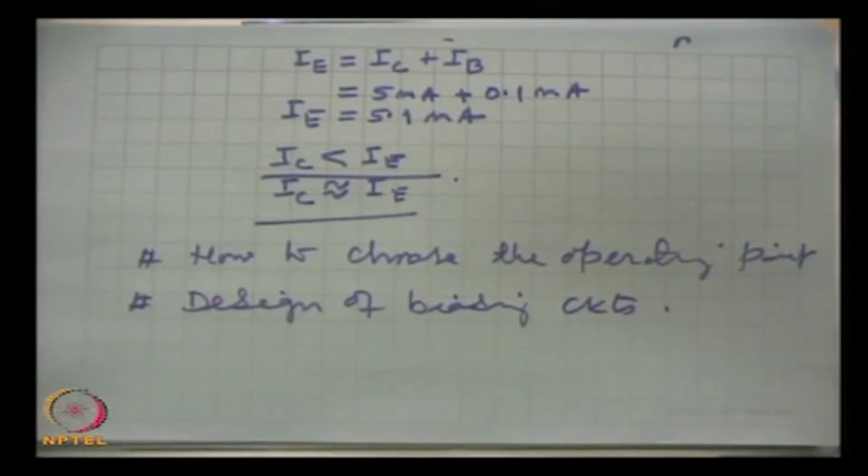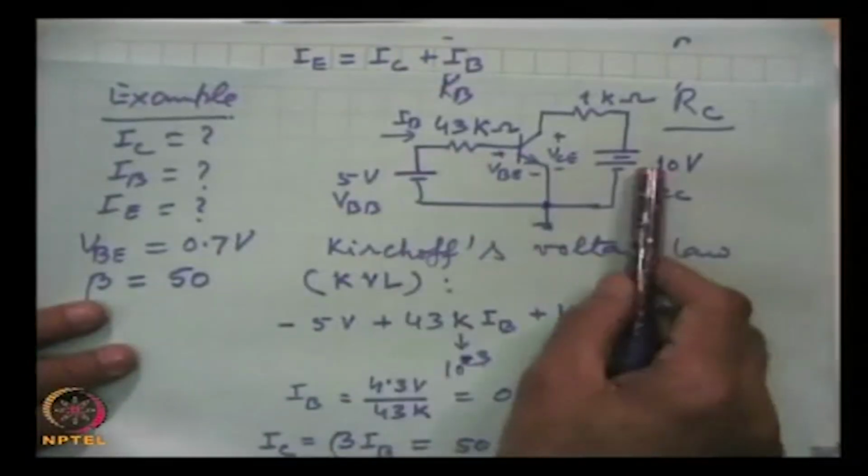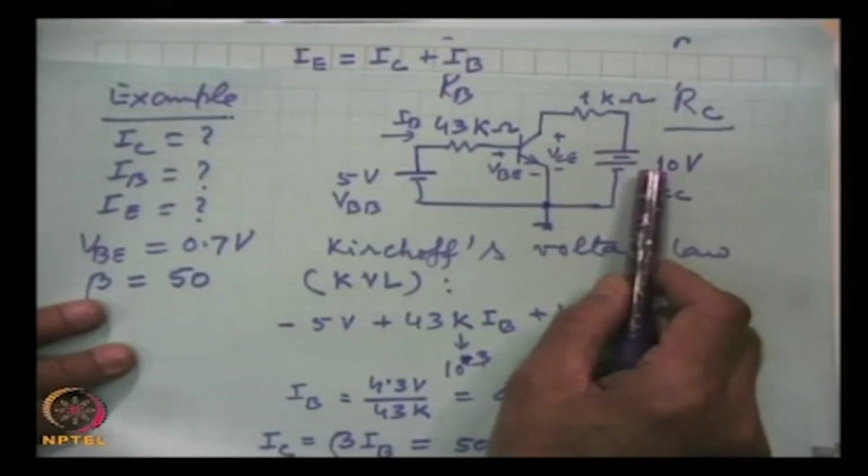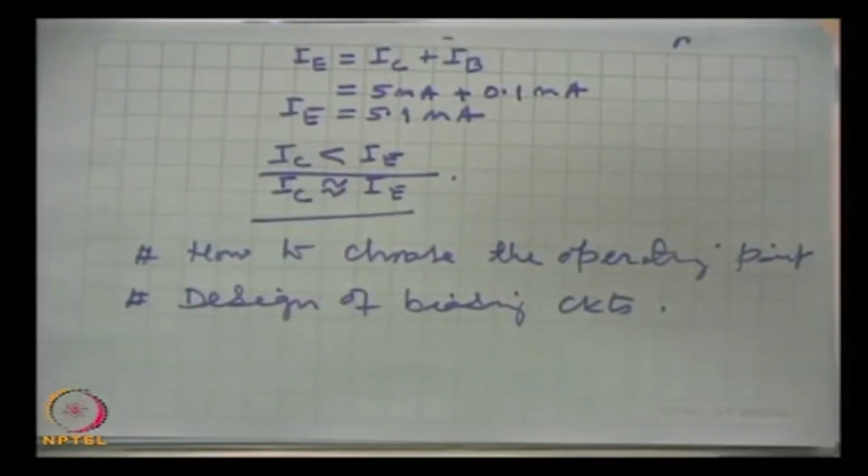So far we have been using a very primitive approach. For example, here I have used 2 batteries, and soon when we take these 2 topics, we will see that a single battery will do the job, and then what the features and considerations are in choosing an appropriate operating point, that we will have to see in the next lecture.